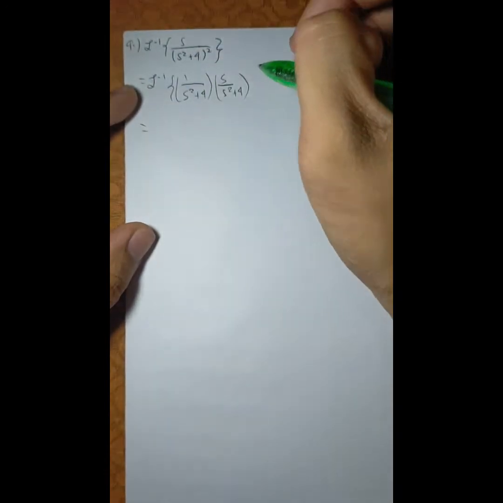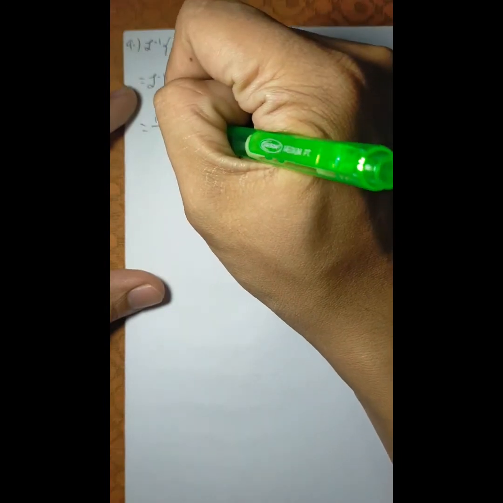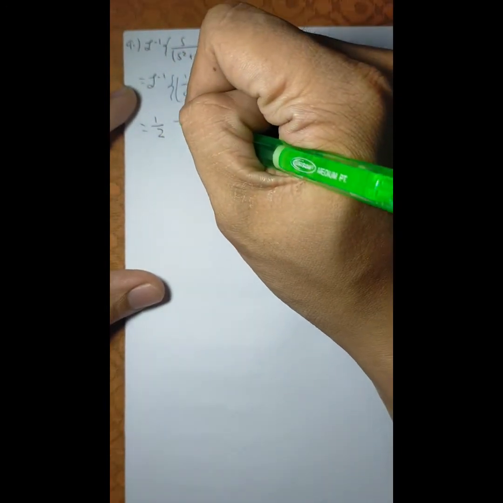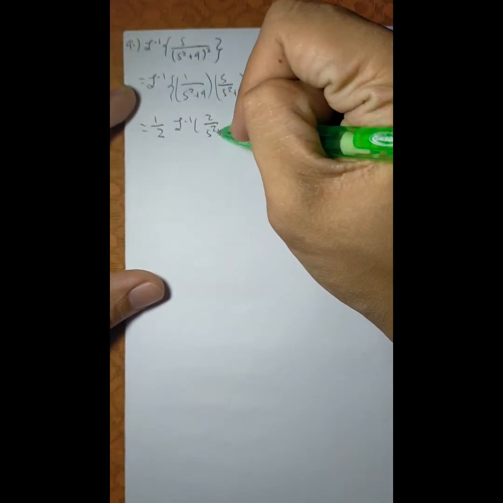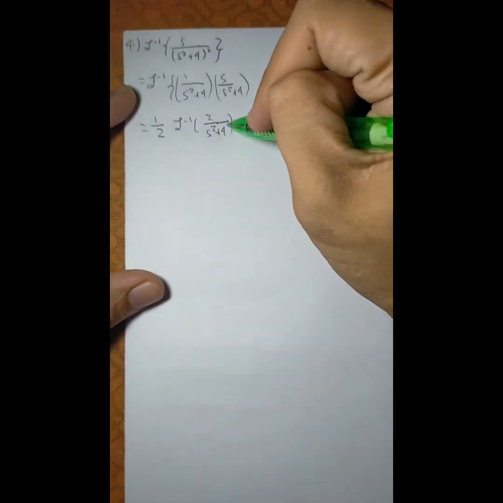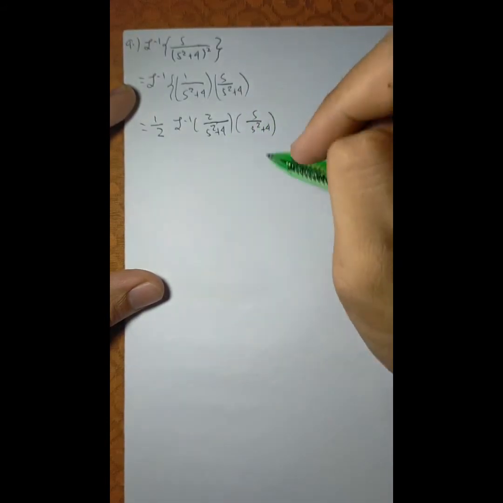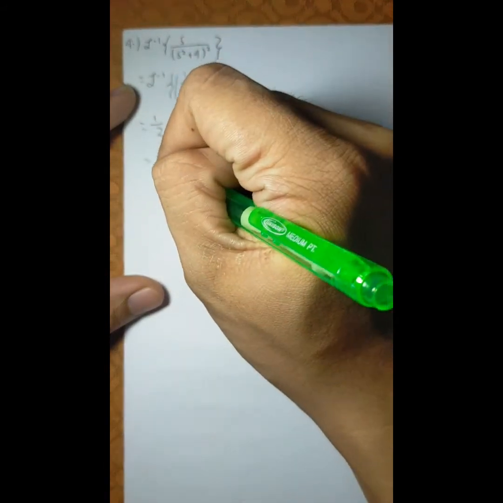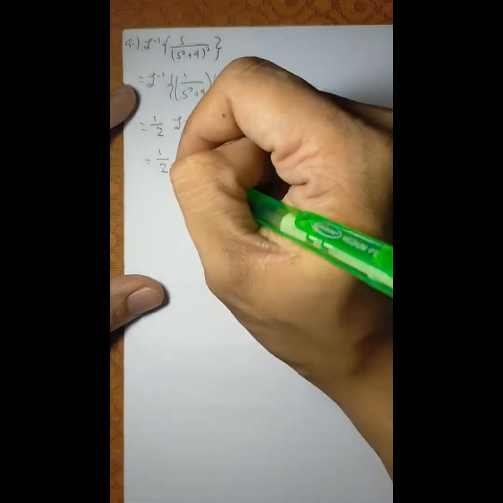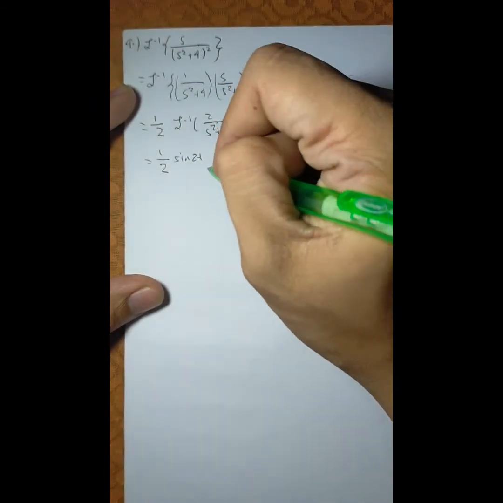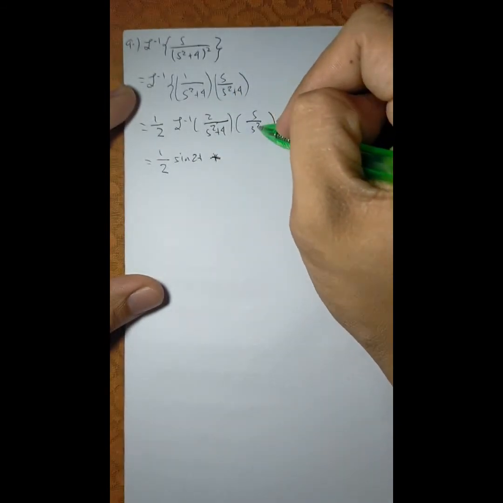This can be equal to, we will multiply by 1/2 so that we can have inverse Laplace of 2 over s squared plus 4 times s over s squared plus 4. This can be equal to 1/2 times, inverse Laplace of 2 over s squared plus 4 is equal to sine 2t, convolved with cosine 2t.